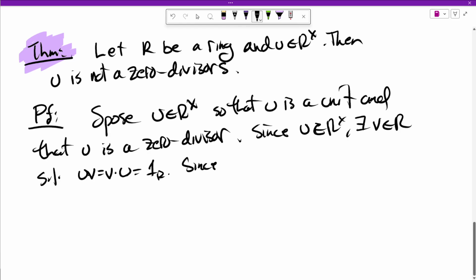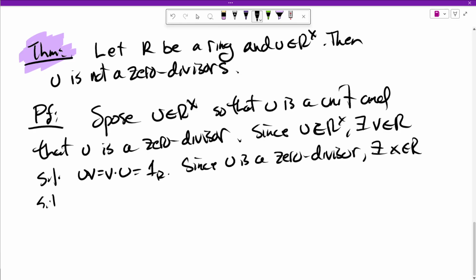Since U is also a zero divisor, there exists some nonzero X in R such that either UX is 0 or XU is 0.